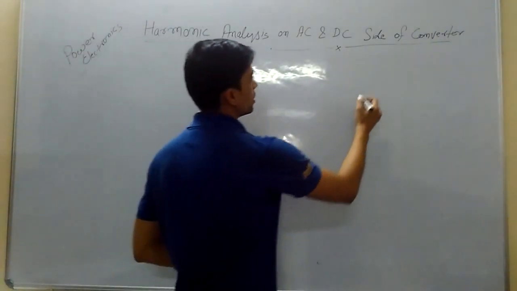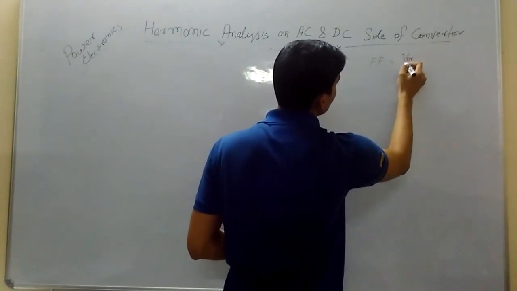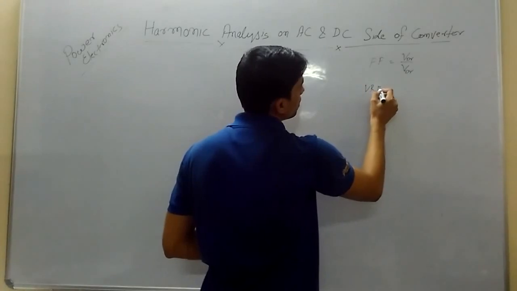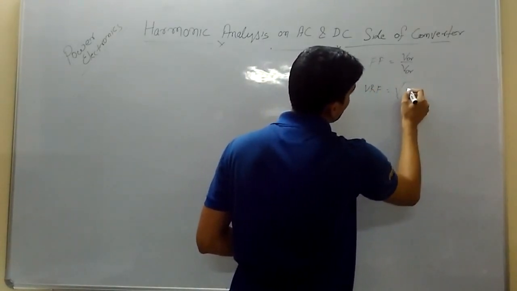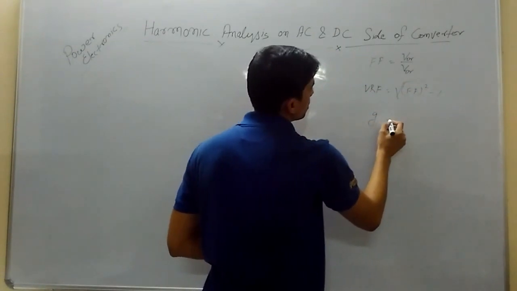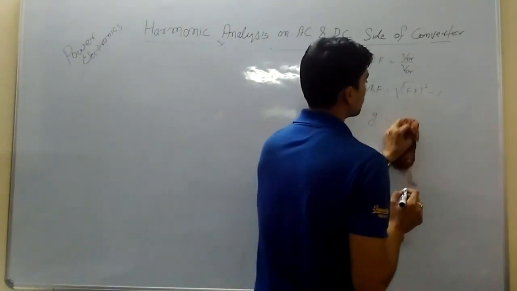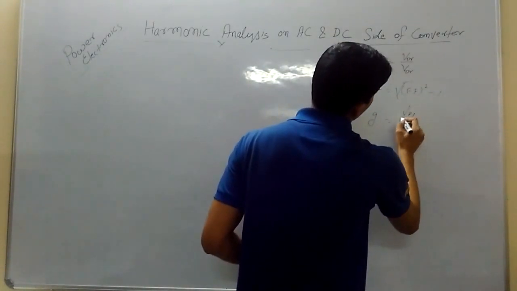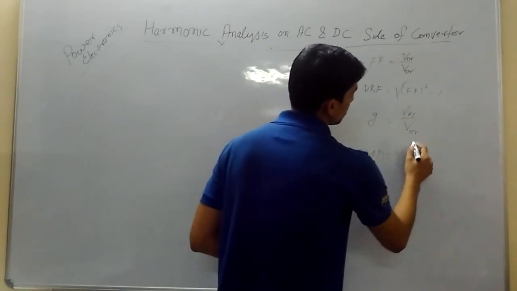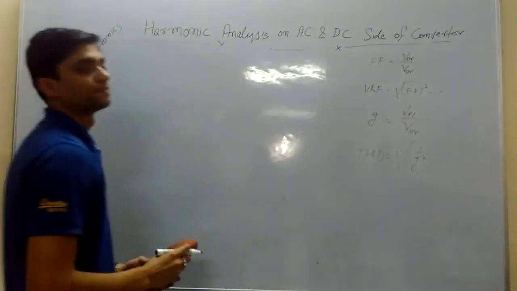We have calculated 4 things. Form factor equals VR by V naught. Voltage ripple factor equals form factor square minus 1. Distortion factor equals fundamental upon RMS, and total harmonic distortion equals 1 upon G square minus 1.